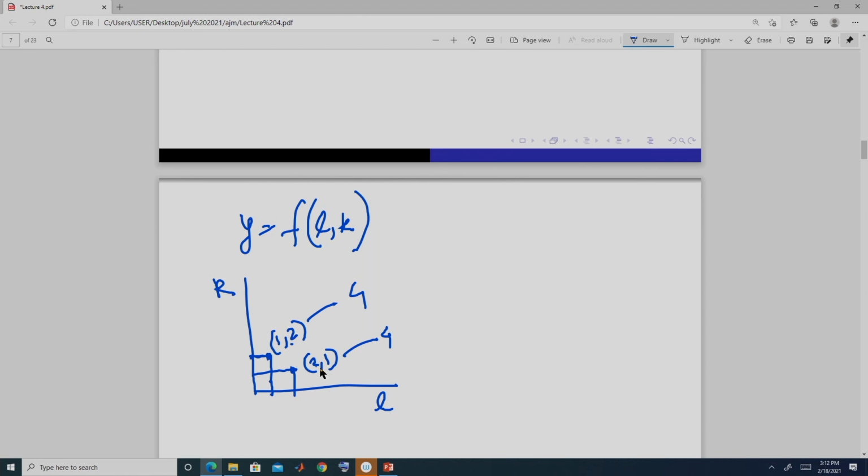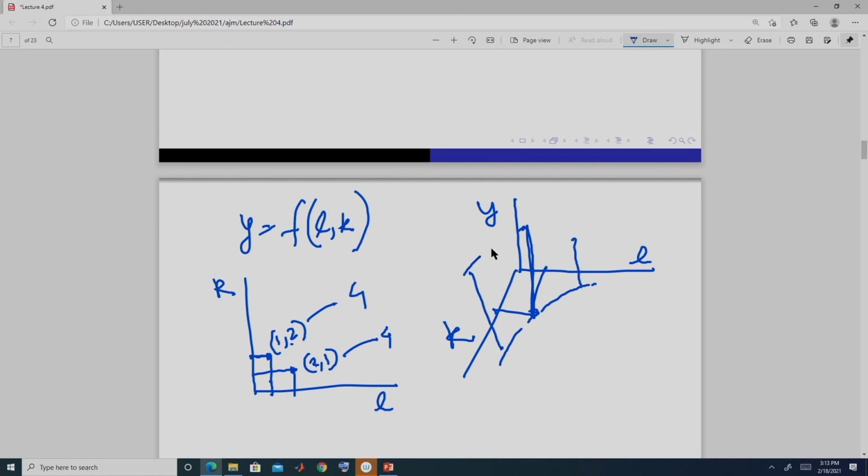Now, if we plot labor here, capital here and output here, then suppose this point, with this much capital and this much labor, has a height giving the amount of output. If we have a combination of points like this, all at the same height, then we are getting the same output from these different combinations.